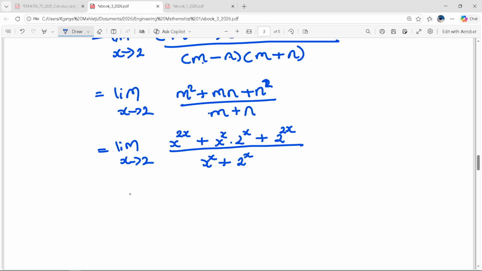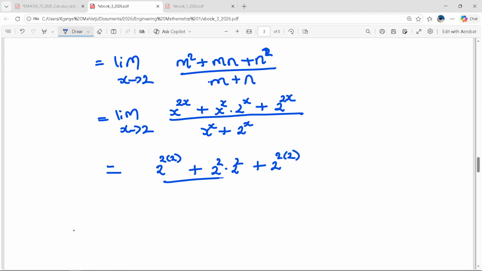Now we can substitute. I think we removed the problem there. We can now substitute and say our answer here will be 2^2 multiplied by 2 + 2^2 multiplied by 2^2 + 2^2 multiplied by 2, over 2^2 + 2^2.